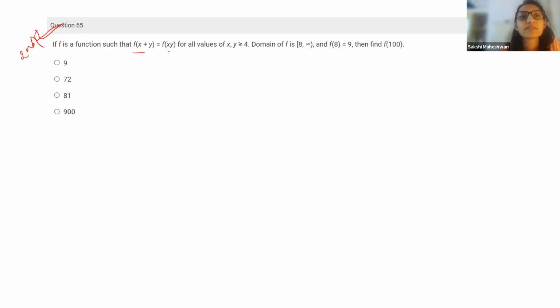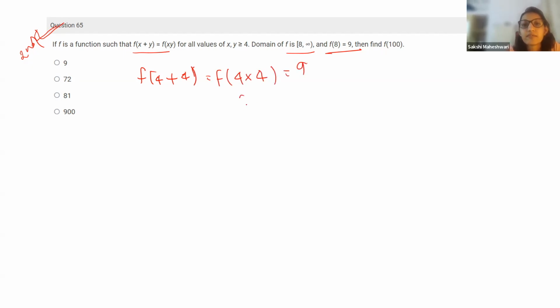So this gives you f of x plus y is f of x into y, and f of 8 is 9. So for example, if you put f of 4 plus 4 equals f of 4 into 4, that equals 9. So this gives f of 16 is 9. Now you can try for f of 100.